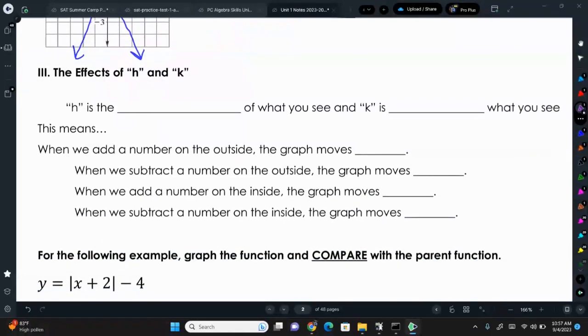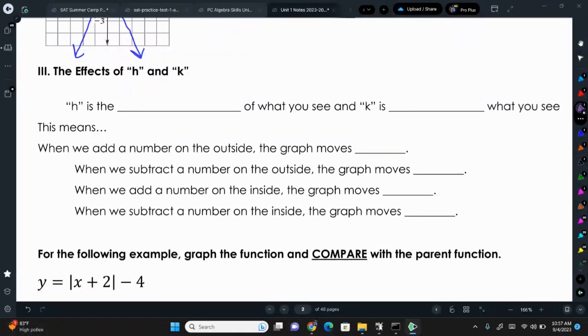So now the effects of h and k. h is the horizontal movement, and it's always the opposite of what you see, and k will move the graph vertically up and down, and it is exactly what you see.